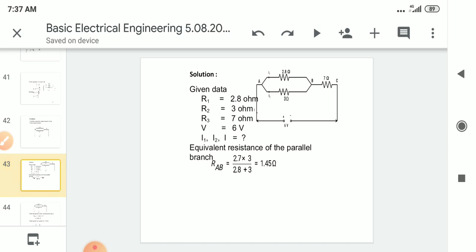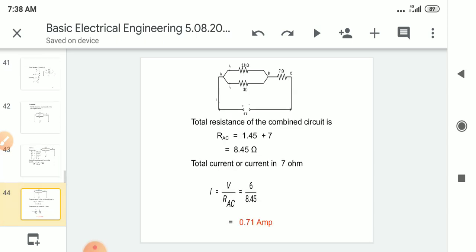So first we have to calculate the equivalent resistance RAB. Here, 2.8 into 3 by 2.8 plus 3. This gives 1.45 ohms, and it is in series with 7 ohms. So what is the total resistance?